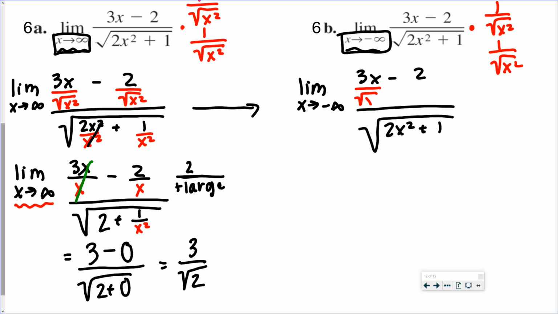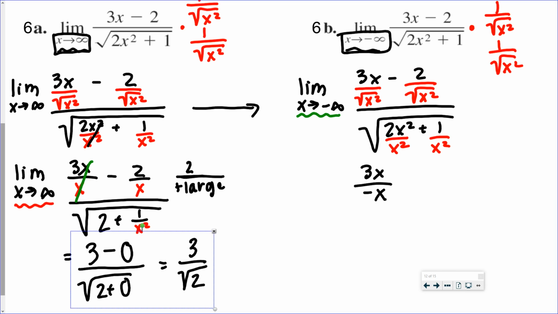That one already has the square root, so you can just write it underneath the radical. Now we know we're looking as x approaches negative infinity, or another way to think of that is you're looking at all the negative values of x. So this time, when I square root x squared, I'm going to get out the opposite value of what x could be. Okay, so that's the difference there.